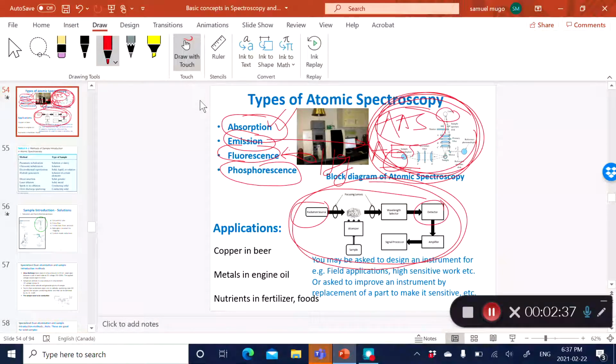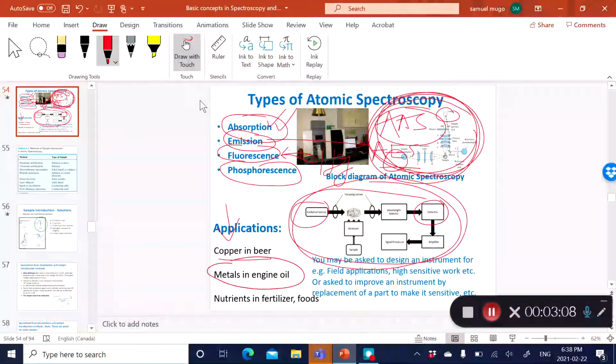Of course, there are many applications of atomic spectrometers, be it AES or AAS, which is principally the ability to analyze different types of elements in different types of matrices. You already did determination of copper in beer using AAS. You also determined different compositions of metals in brass, which is an alloy.